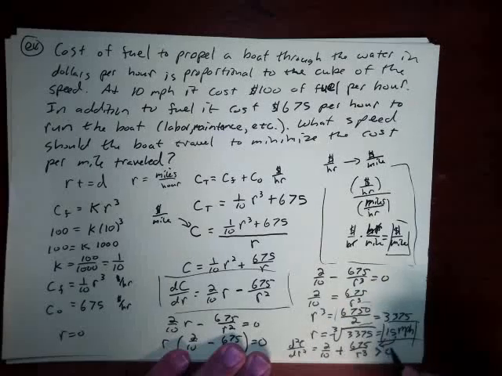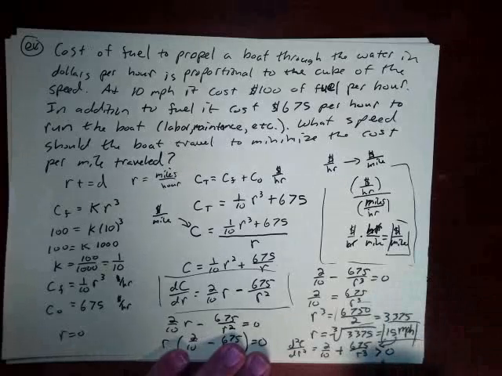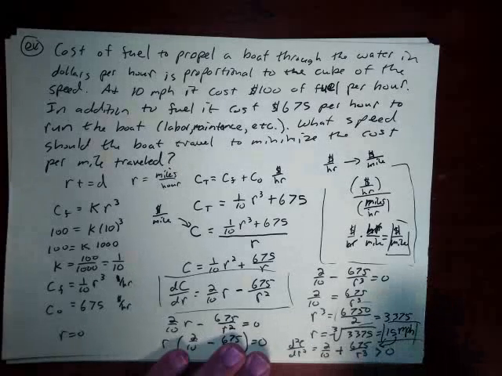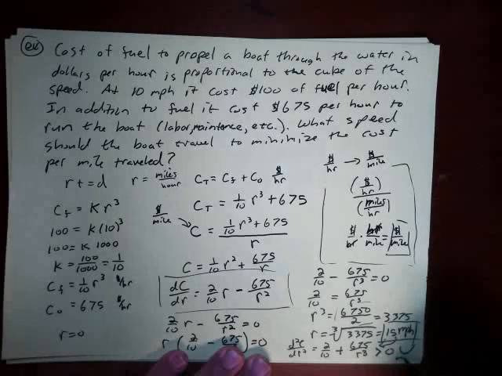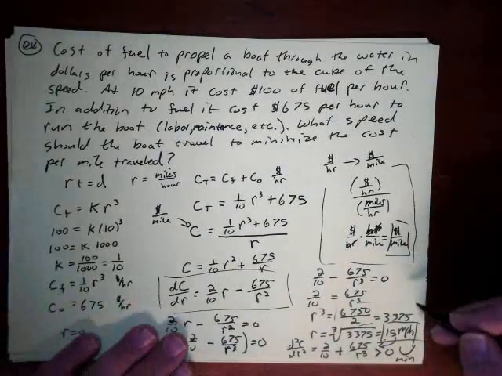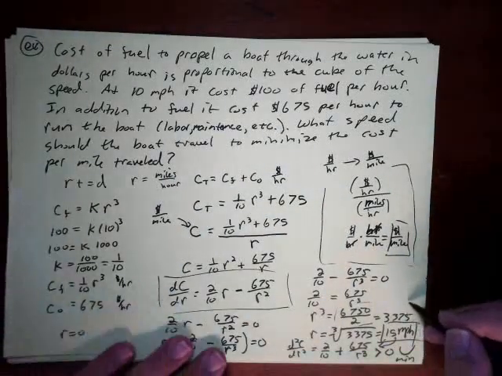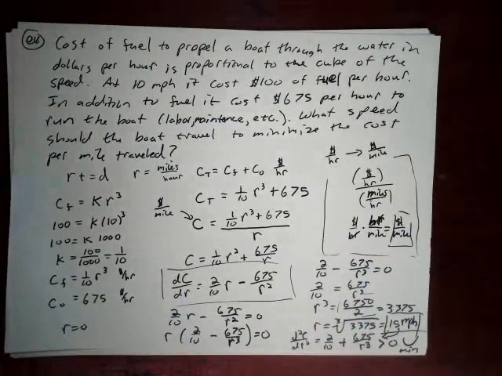This is always going to be greater than 0 for any positive miles per hour. And when it's greater than 0, it's concave up, making it a min, which is what you want. So it looks like this company is going to want to travel at 15 miles per hour in order to minimize the cost.